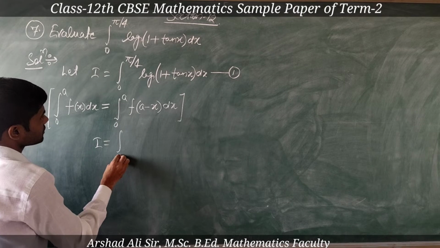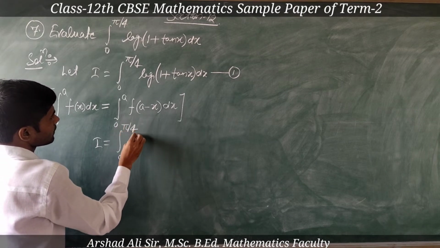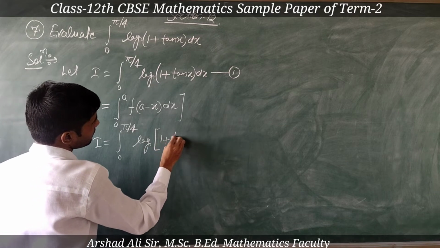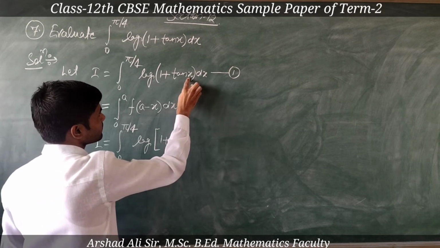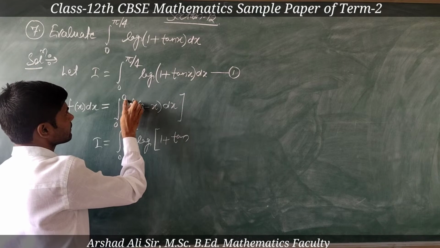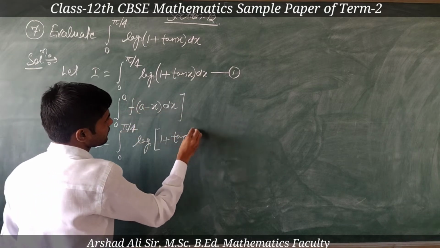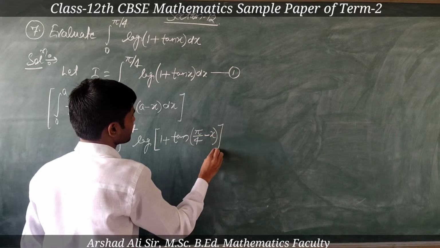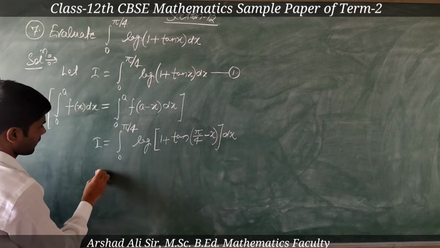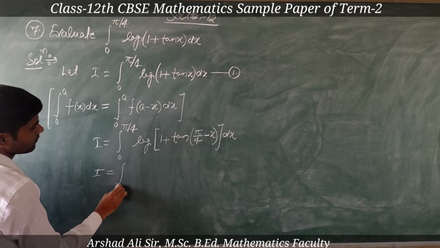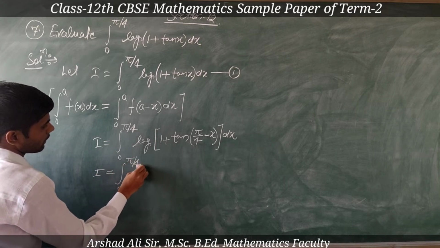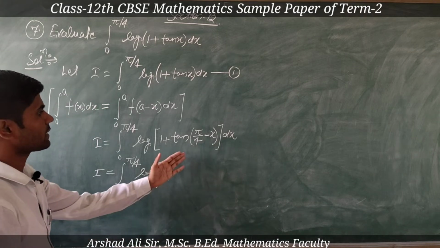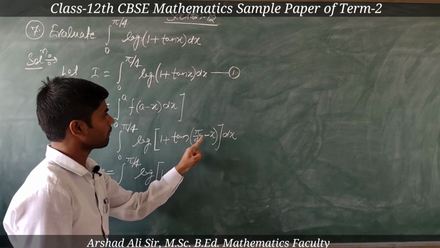I is equal to limit 0 to pi by 4 logarithmic 1 plus tan, x means 0 plus a minus x, it means a minus x. So pi by 4 minus x dx. I is equal to limit 0 to pi by 4 logarithmic 1 plus, here we can apply the formula of tan a minus b.